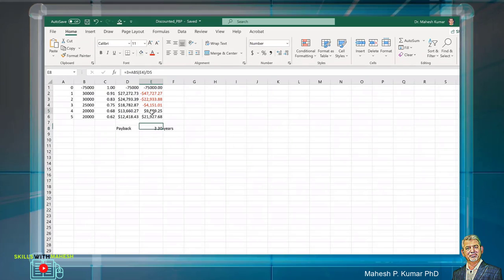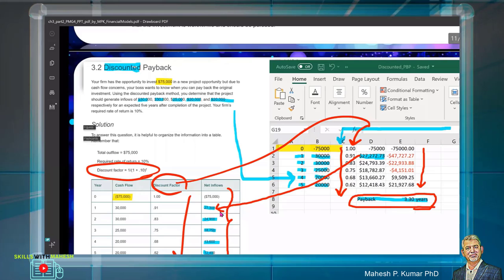So this is the exact calculation, but in the book, for example, this number, $27,272.73, was shown as 27,300 something. Let me switch back to the book here. Yeah, 27,300 in the book.